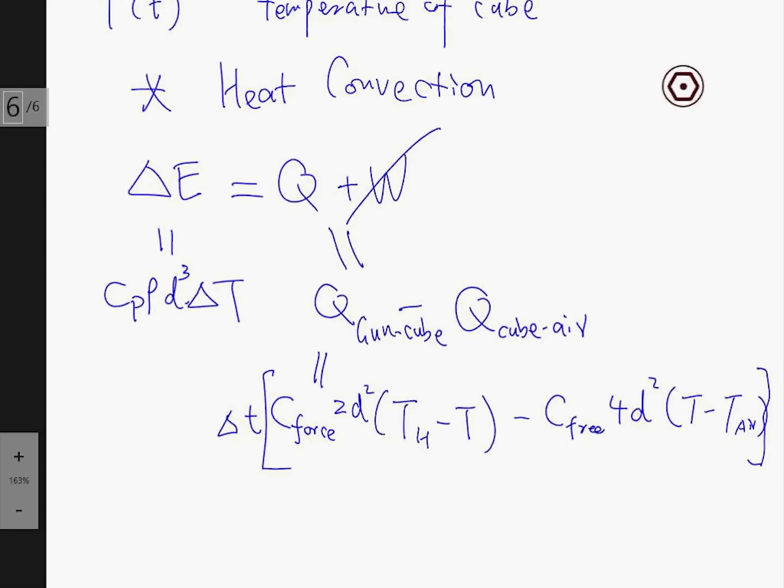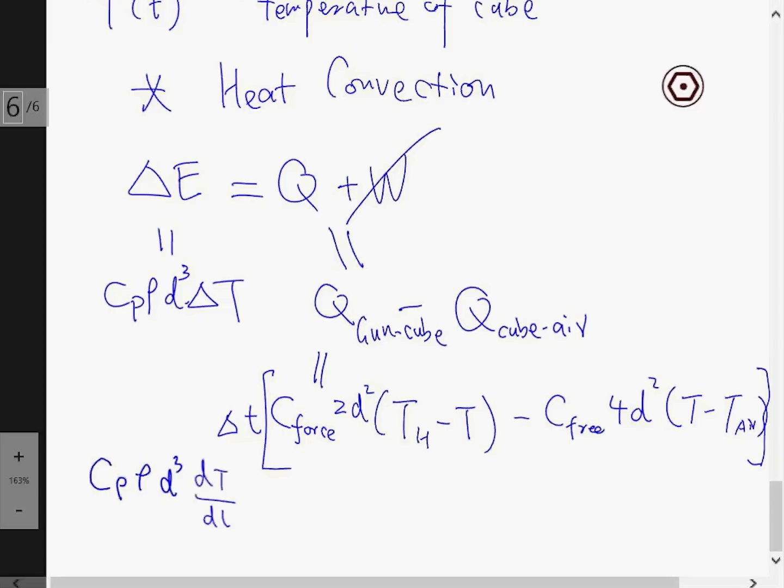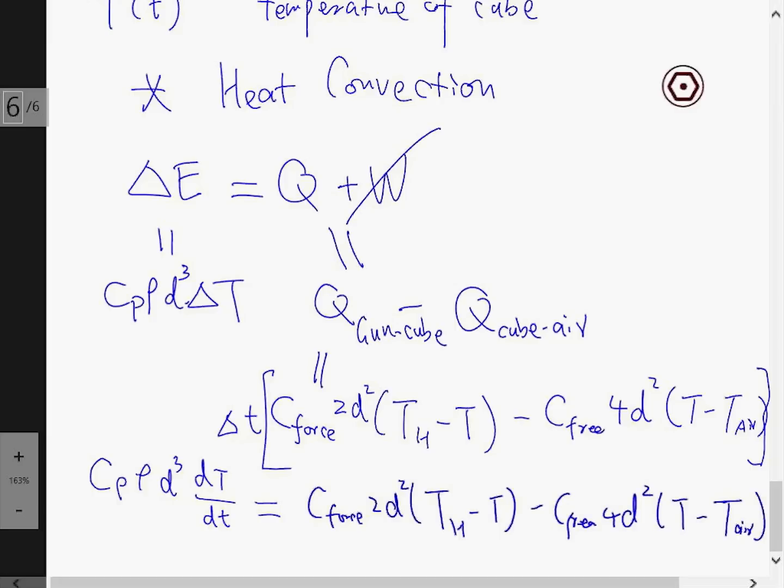Now this is going to give us a differential equation, because if we let the delta t, the amount of time we are looking at, go to 0, we get the equation of Cp times rho d cubed dT/dt, the rate of change in the temperature, equal to C force times 2d squared (T_h minus T) minus C free times 4d squared (T minus T air). Right, so this is the differential equation we get.